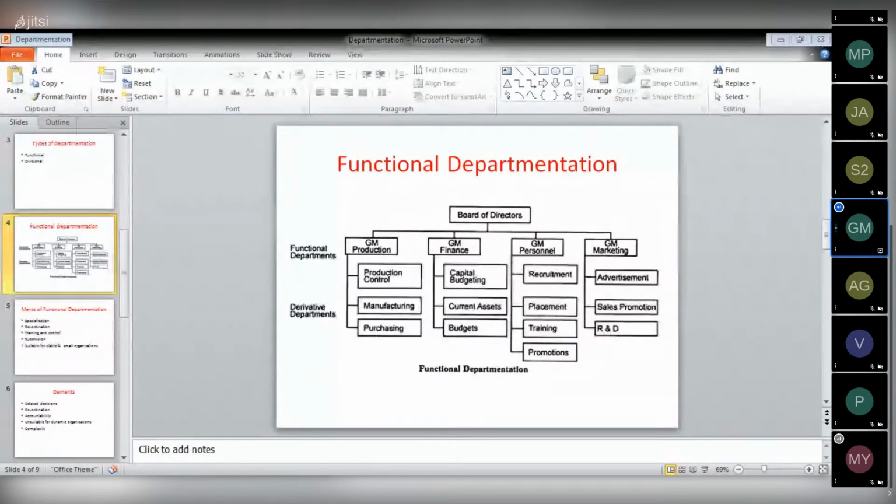So moving to the merits of the functional department. See, functional departments are very simple, and they are created based on logic, right? So that is the reason why we have the specialization.